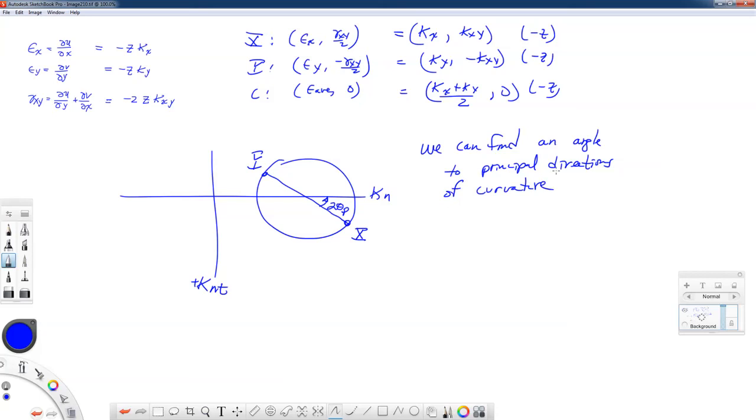Okay, so that's kind of interesting. And if we are in a situation where the curvatures are equal and there is no shear term, no kappa xy, then the midplane of our plate is being formed into a spherical surface.